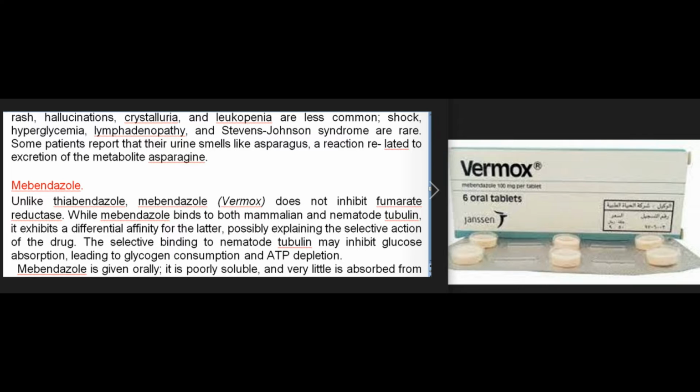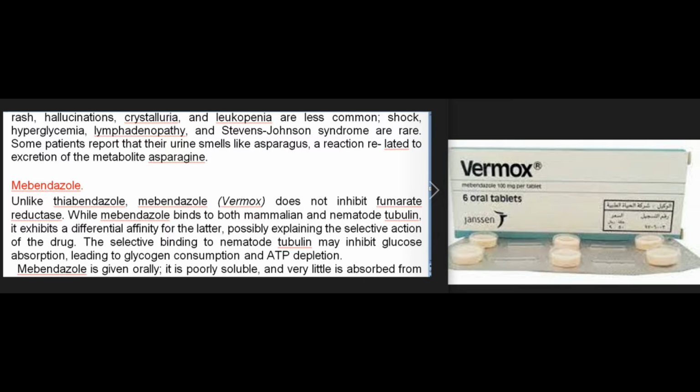Diarrhea, pruritus, rash, hallucinations, crystalluria, and leukopenia are less common. Shock, hyperglycemia, lymphadenopathy, and Stevens-Johnson syndrome are rare. Some patients report that their urine smells like asparagus, a reaction related to excretion of a metabolite.